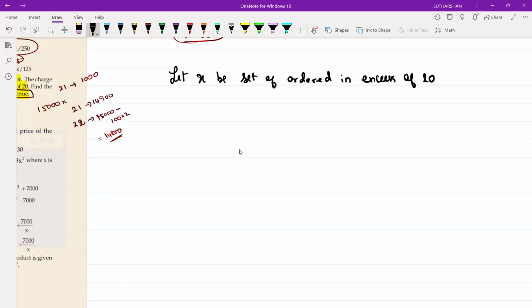First we need to find out the total units. Total units is going to be in excess of 20, so it is going to be x plus 20. That's the first equation.